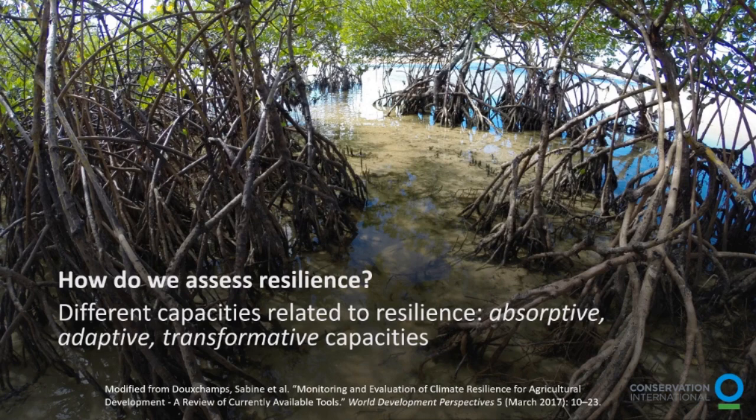So how do we actually assess resilience once we've defined it? There's different capacities that are related to resilience: absorptive, adaptive, and transformative capacities. So what do I actually mean by these three capacities? So when I talk about absorptive capacity, I mean the amount of change a system can undergo while retaining function and structure.